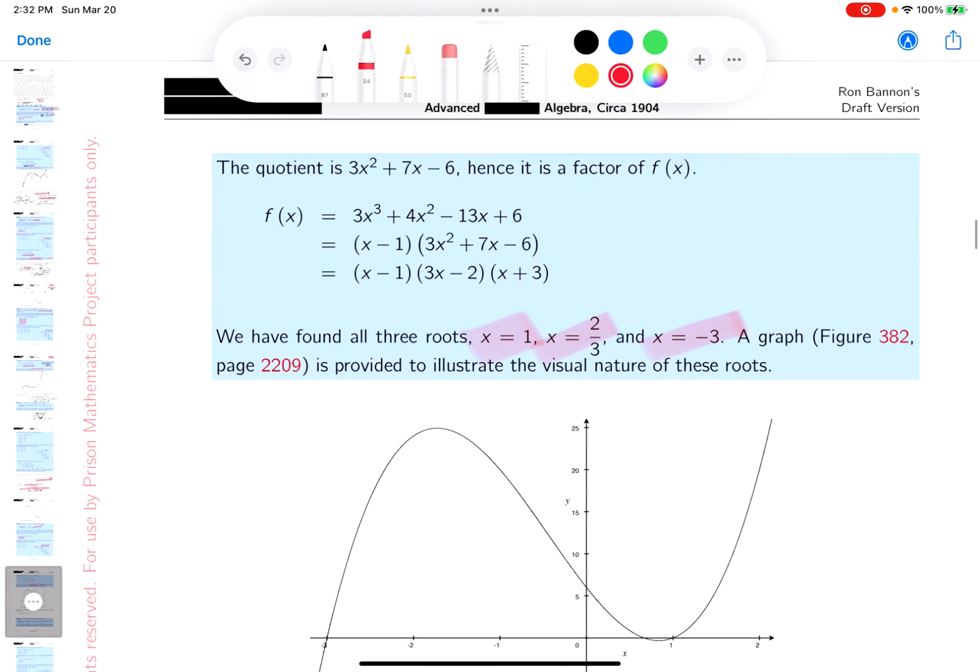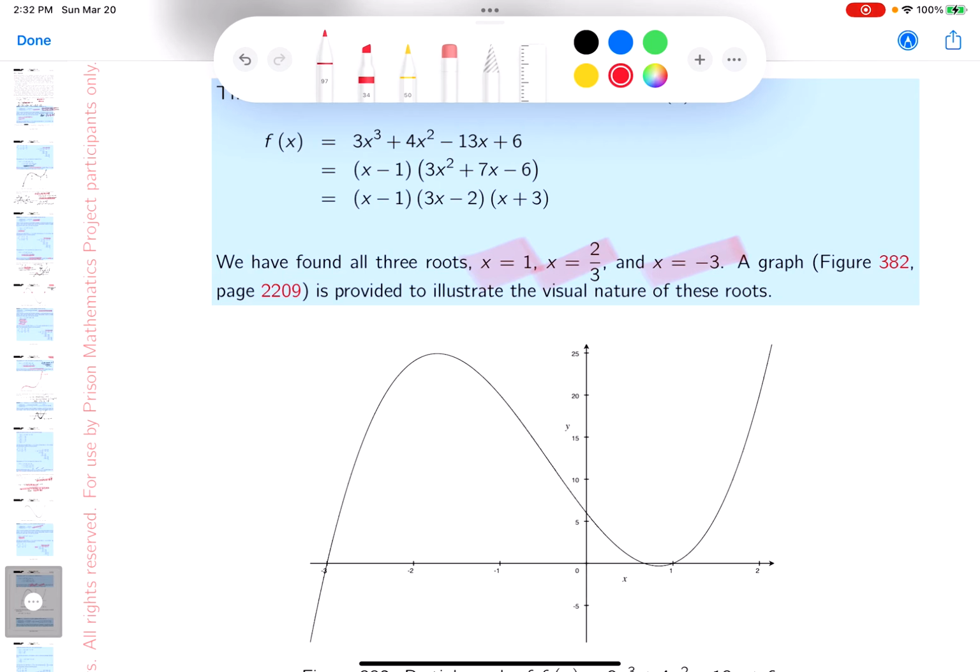Okay, graphing it, not so bad to do. I do have the graph, and certainly you get tired of numbers, but 1 is a root. Minus 3 is a root. Okay, what else is a root? 2/3. This is 2/3 here. Let's see, what's the y-intercept? It's 6. That's right here. What do I know about this guy?